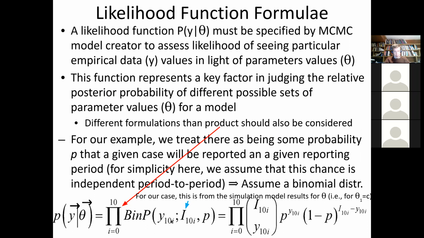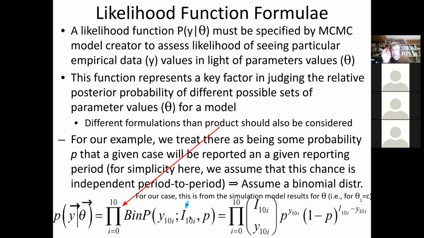That's with I equals 10. And we're going to be asking about what's the likelihood that we observe a given observation, here a number of cases, in light of a certain number of people infected and a certain reporting fraction. And this number of people reported is going to come from the model.